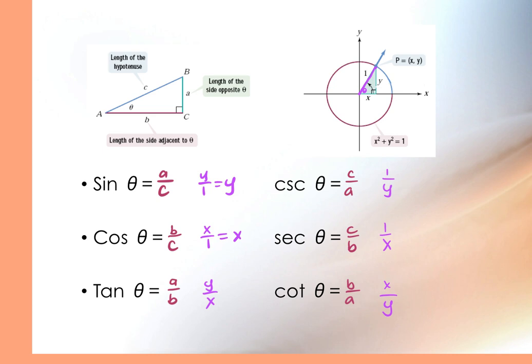So if I just asked a trig function of one of your special angles, your over 2s, your over 3s, your over 4s, your over 6s, or your whole numbers, I use the unit circle stuff, y, x, y over x. If I am given any other angle, 32 degrees, 47 degrees, something like that, then I have to set up a right triangle and use the original opposite over hypotenuse, adjacent over hypotenuse, opposite over adjacent.